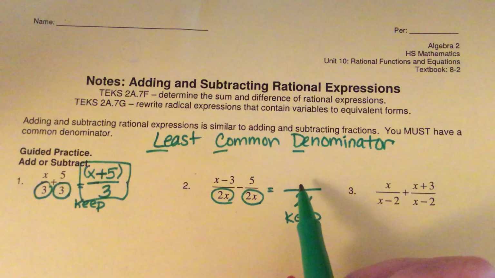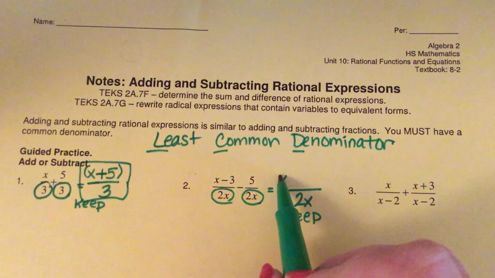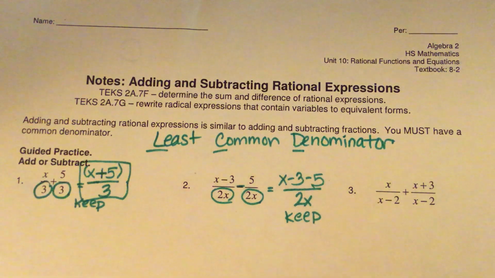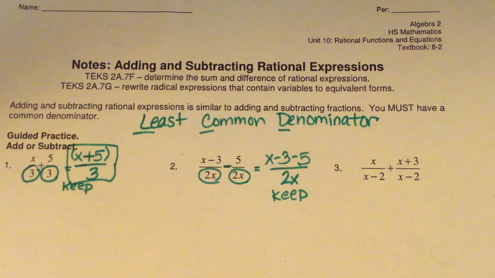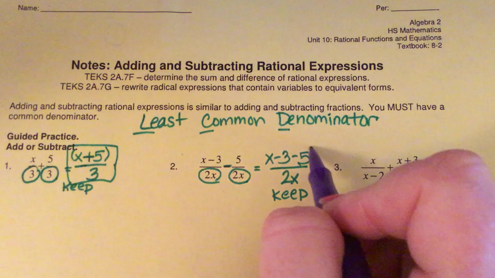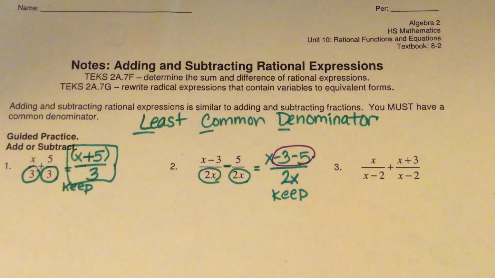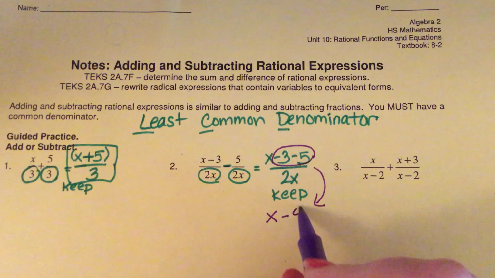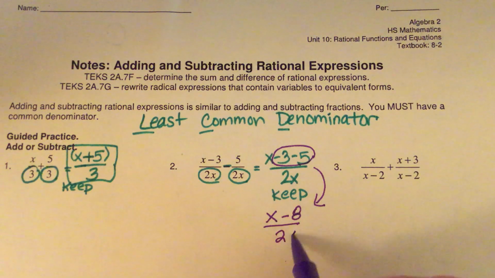We can do this in 2 steps if you want to. We can say this is x minus 3 minus 5, all over the same thing. Then if we can simplify, we're going to simplify by combining our like terms right here. So this is going to become x minus 8 over 2x.